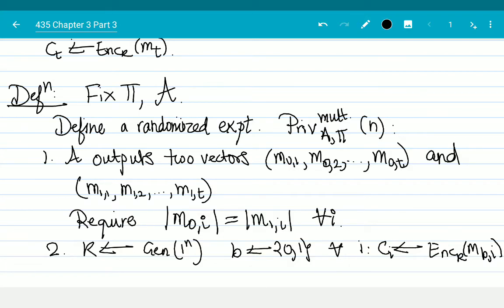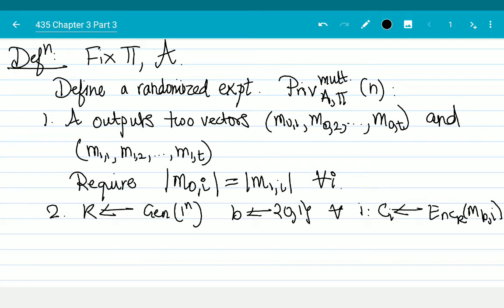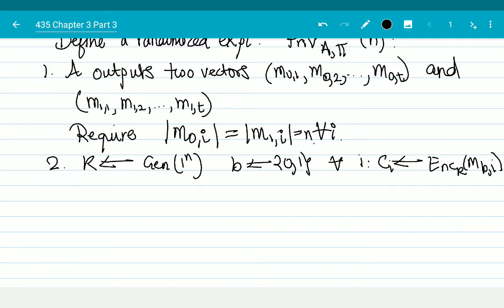So actually we are going to assume that the length of m1i is equal to n. So we are saying that all the messages should be of length n, so we don't have to worry about that. We'll assume that everything is of length n.